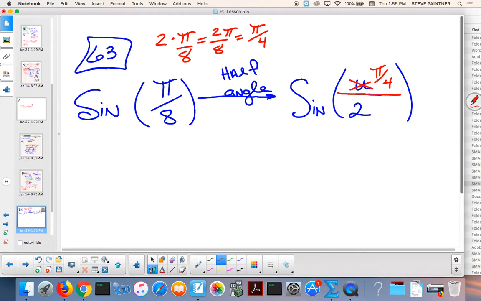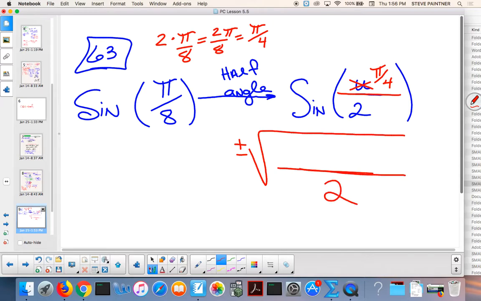Now you just use your identity. What goes behind the word cosine? Is it pi over 8, or is it pi over 4? This is u. You replace u with pi over 4.